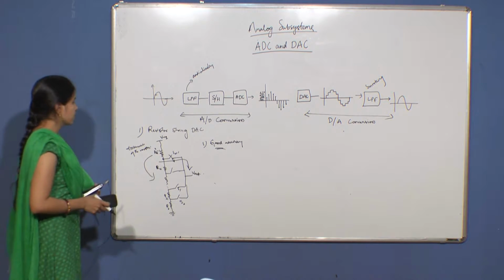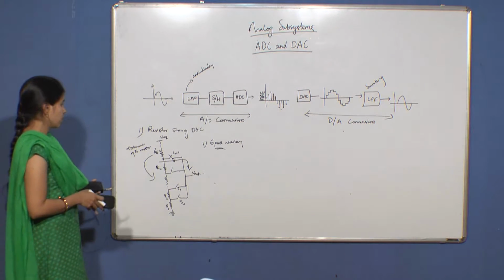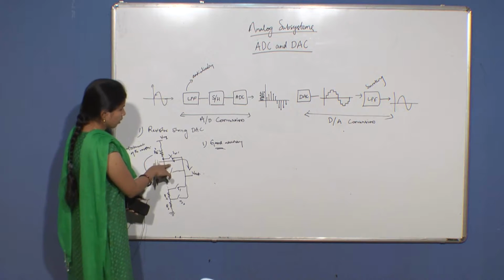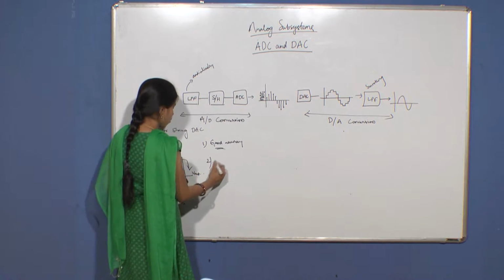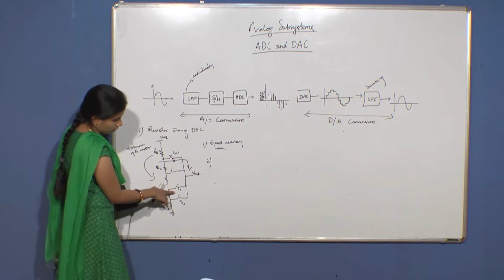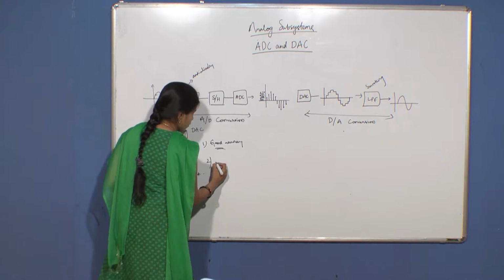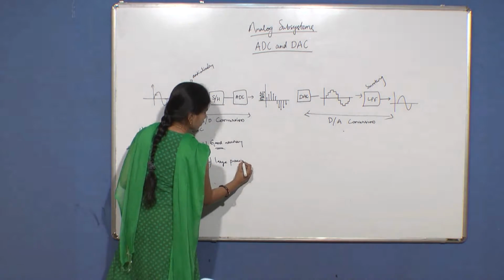The disadvantage of this kind of DAC is that the output is always connected to n minus 1 switches which are off and one switch which is on, which gives a large parasitic capacitance at the output.